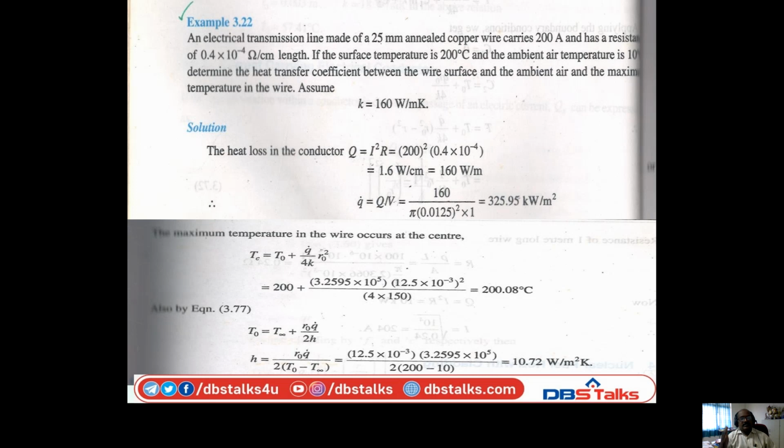And in case of heat generation, how to find out the heat transfer and the maximum temperature. All these things we have discussed.